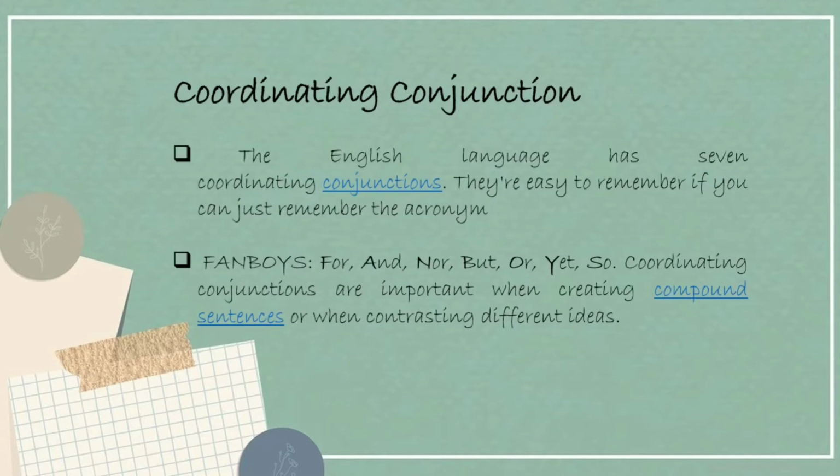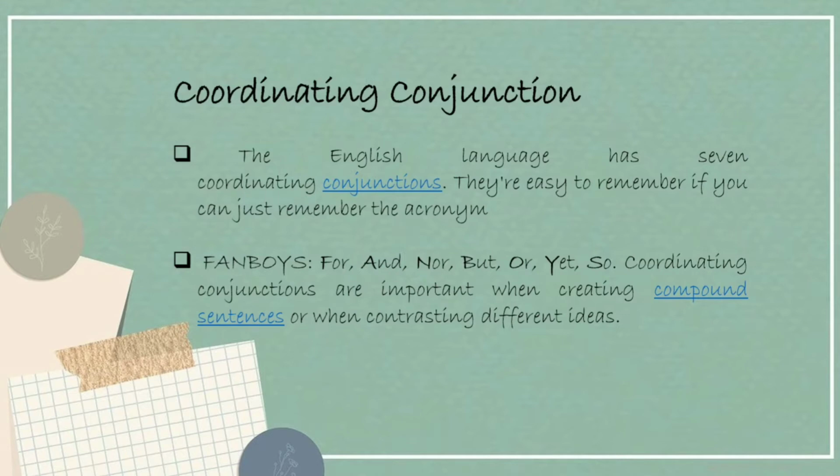Another definition: in the English language, there are 7 coordinating conjunctions. They're easy to remember if you just remember the acronym. So they created the acronym FANBOYS. FANBOYS stands for: for, and, nor, but, or, yet, and so.